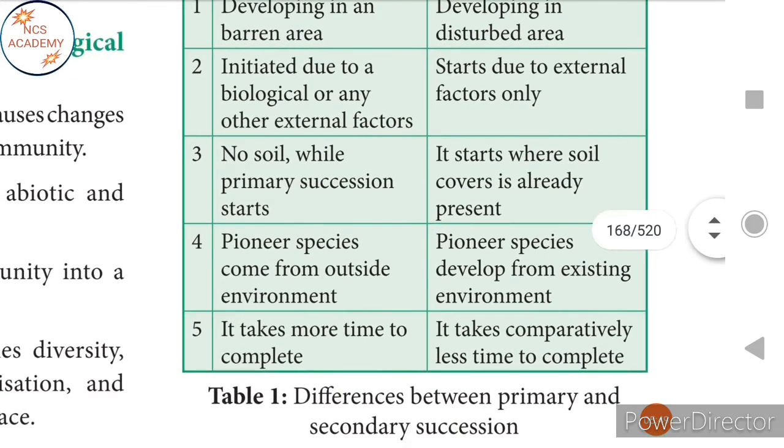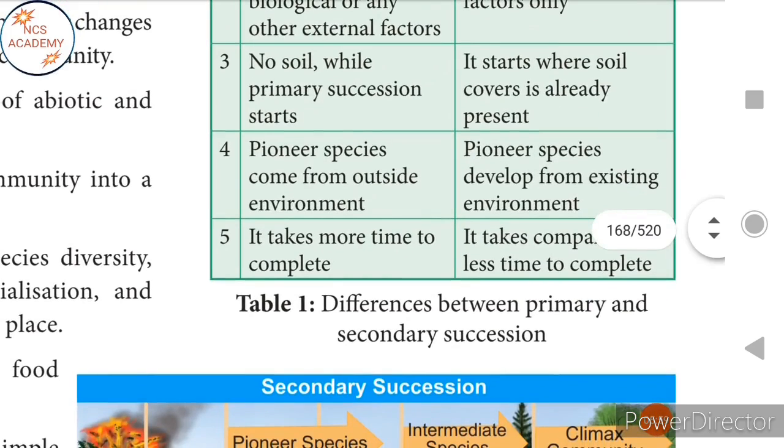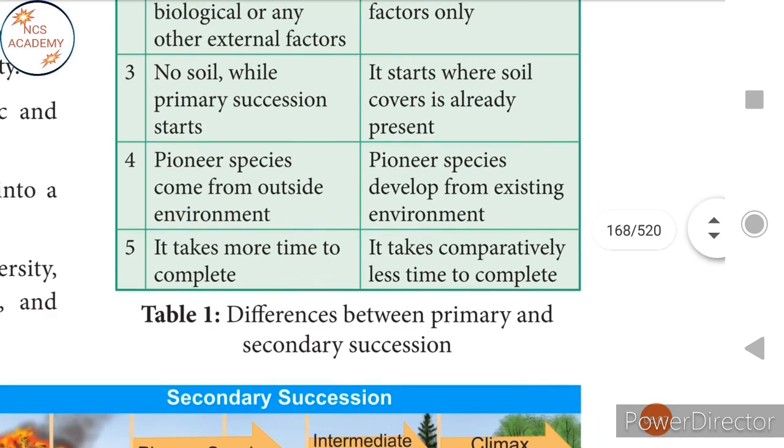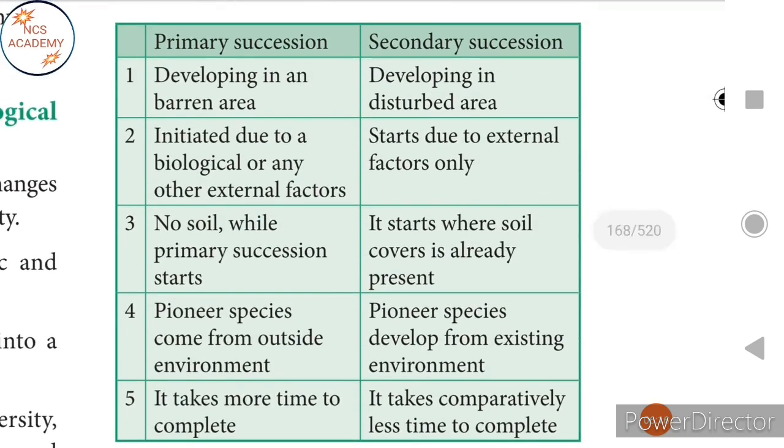Under primary succession, pioneer species come from the outside environment, but here pioneer species develop from the existing ones. Likewise, primary succession takes more time to complete, but here comparatively less time. These are the main differences between primary succession and secondary succession.